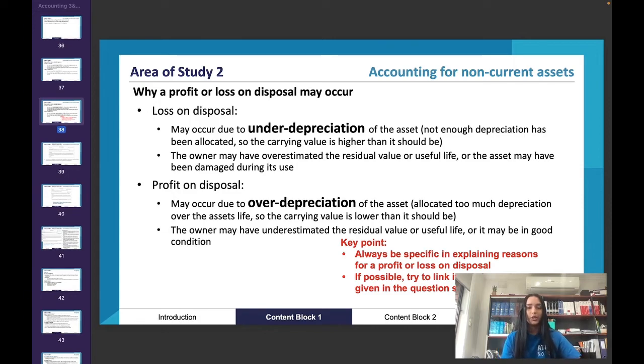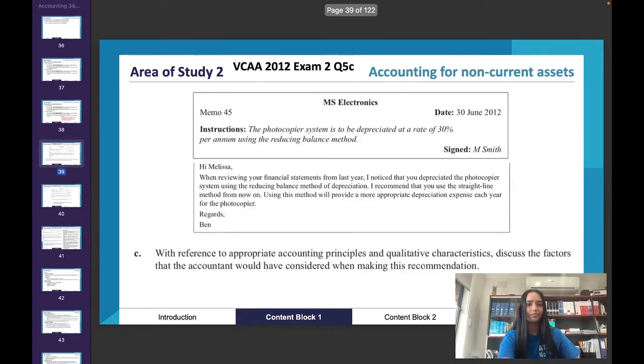And when you're doing your theory responses, try to link that contextual background and that extra information that they give you in your responses. So here's an example. We have a non-current asset, which in this case is a photocopier system, which is going to be depreciated at a rate of 30% per annum using the reducing balance method.